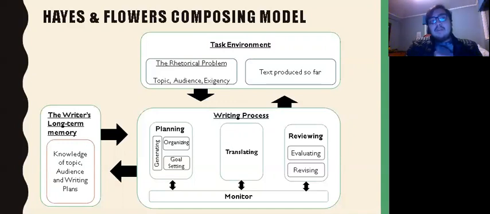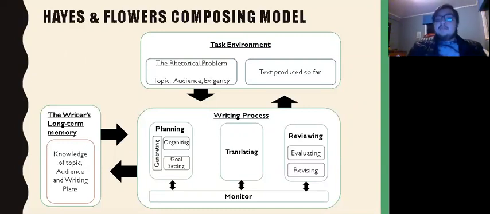This is where pretty much all the previous information is that the writer has available before and during writing. For instance, if I wanted to write a letter, this would be who am I sending it to? What it is about? What do I want to say with the letter?